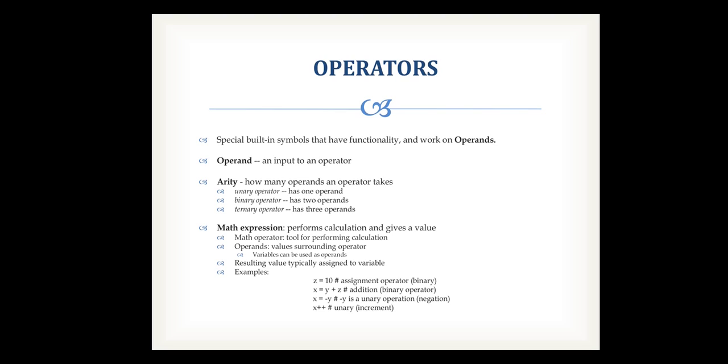So here is the example. z is equal to 10. Okay, x is equal to y plus z. Then x is equal to minus y. Hash, minus y is called a unary operation, that is called negation. And the last one is x plus plus, hash, unary increment.